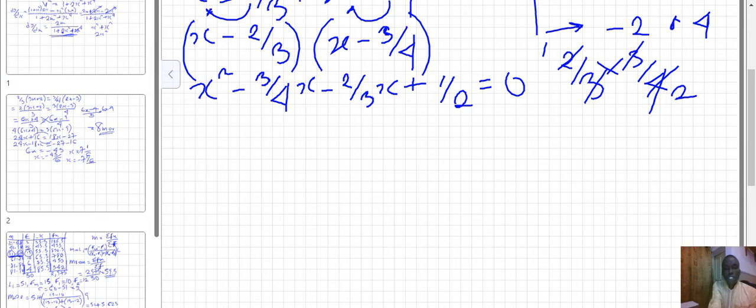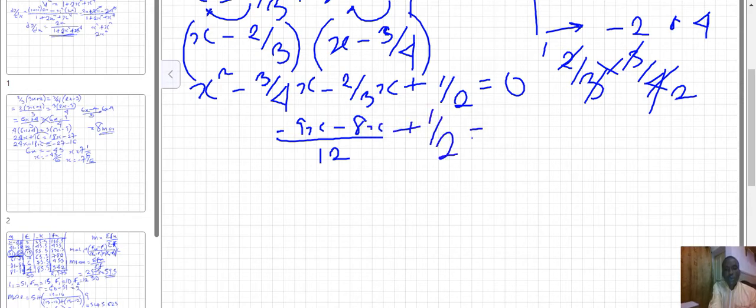Now, having gotten this, we have to simplify the fractions with the values of x. If we simplify this, we are going to have 12 as the lowest common multiple. So 12 divided by 4 will give us 3, 3 times 3 will give us minus 9x, minus 12 divided by 3 will give us 4, 4 times 2 will give us minus 8x, plus 1 over 2 equal to 0.